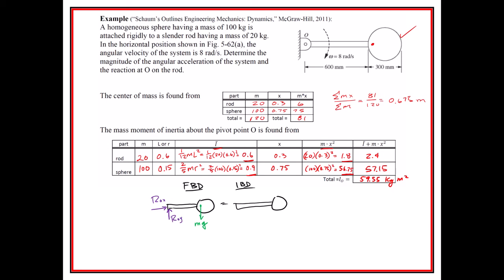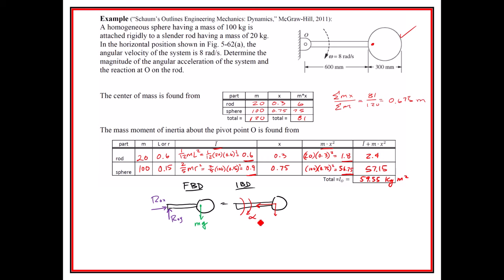So I'll make them reactions. And then for the accelerations, we have accelerations here and acceleration there, and then angular acceleration. Oh, and it is moving, so it's got an angular acceleration, I'm going to guess, in that direction.